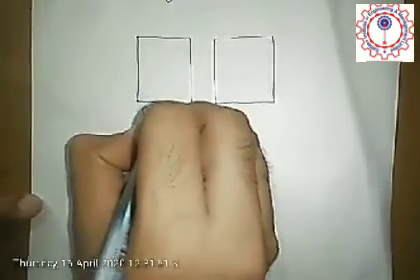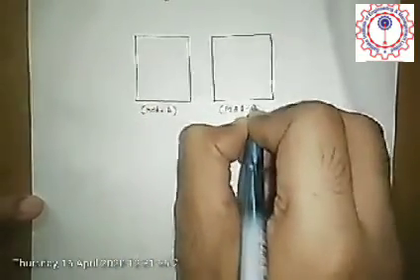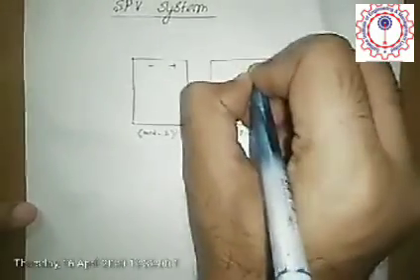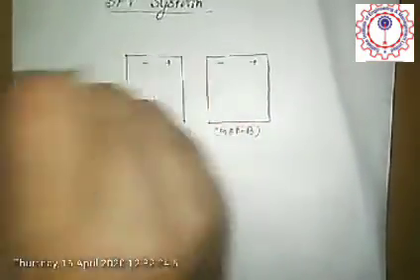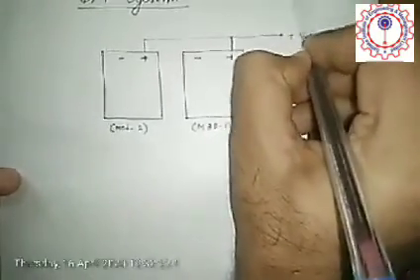This is module 1 or module A, and this is module B, and each module has two terminals. When they are connected in parallel, the positive terminal of module A and the positive terminal of module B are connected with each other, and this is the final output positive terminal.